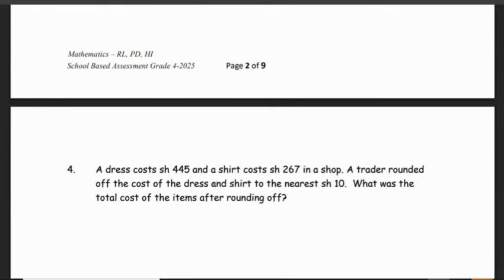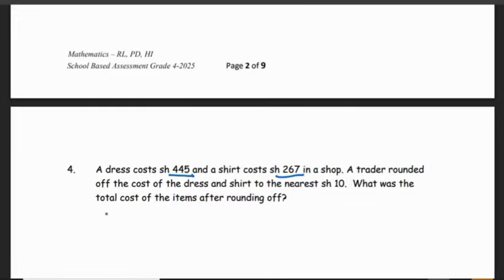A dress cost 445 shillings and a shirt cost 267 shillings in a shop. A trader rounded off the cost of the dress and shirt to the nearest 10 shillings. What was the total cost of the items after rounding off? So we want to round them to the nearest 10.